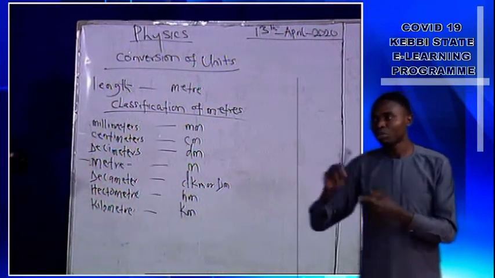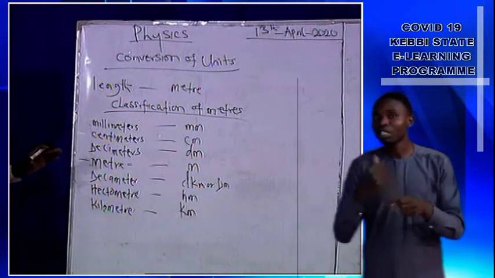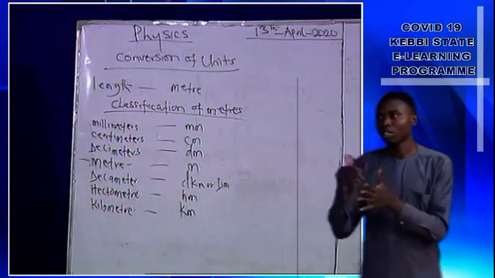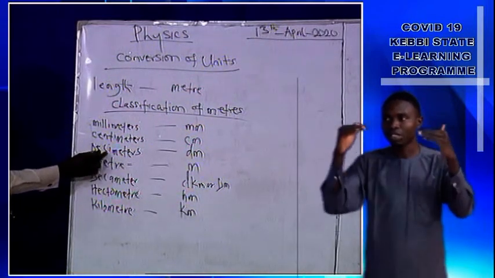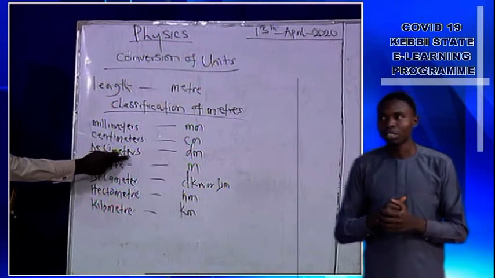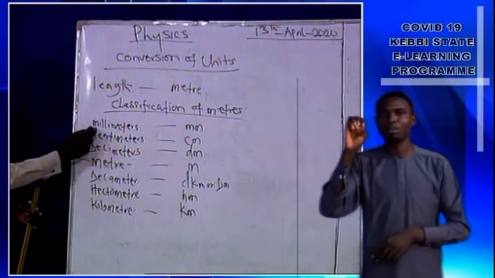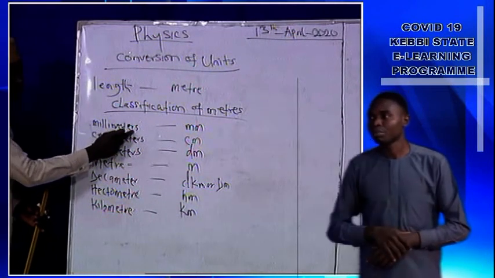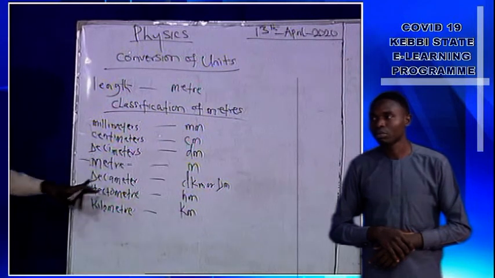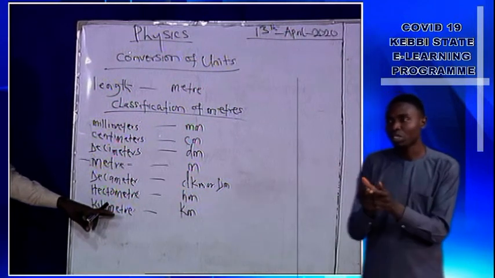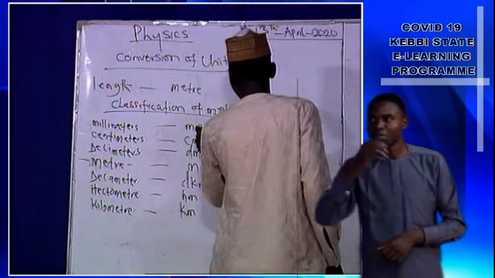Good. Now, if we take a good look at this table, it is only a prefix that is added to meters. Here is our standard. This deci is a prefix added to our meter, centi is a prefix added to our meter, milli is a prefix added to our meter, likewise deca up to kilo. I hope you understand.